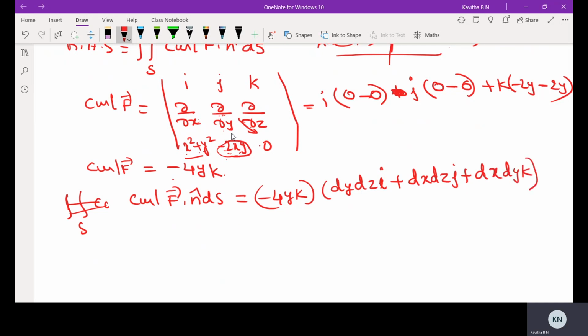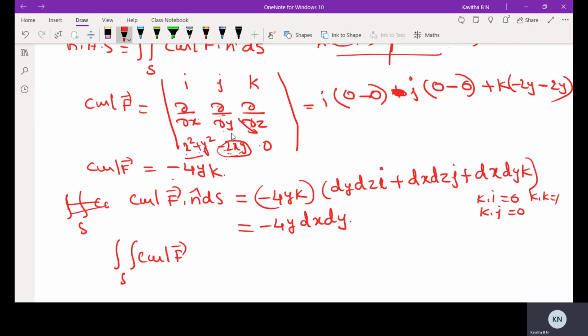Now simplify: k dot i is 0, k dot j is also 0, but k dot k is 1. So k dot k is 1 means minus 4y dx dy.